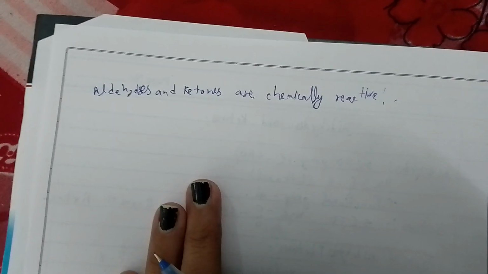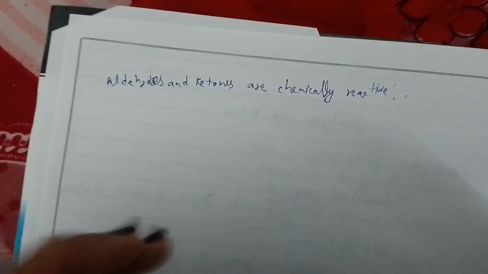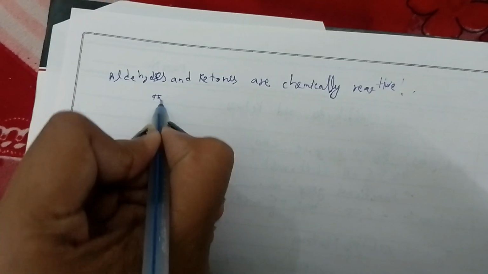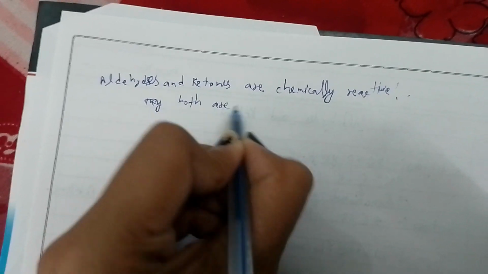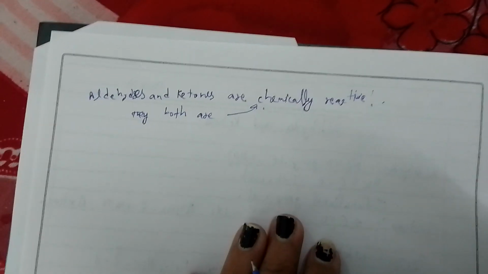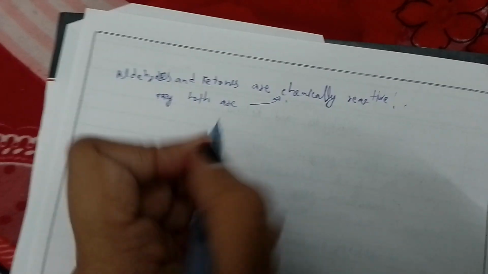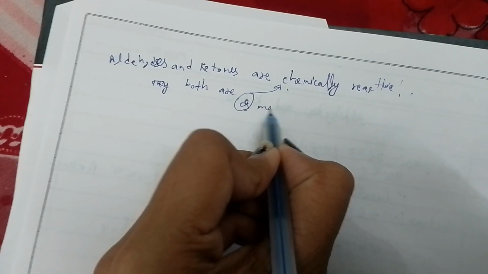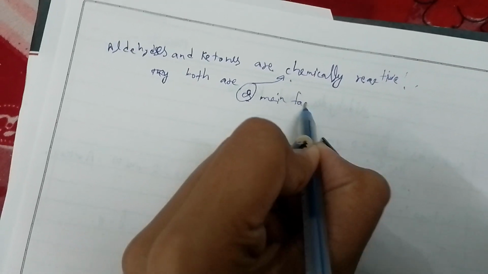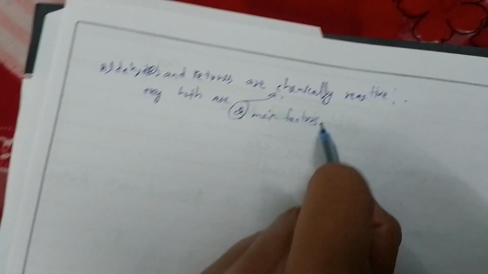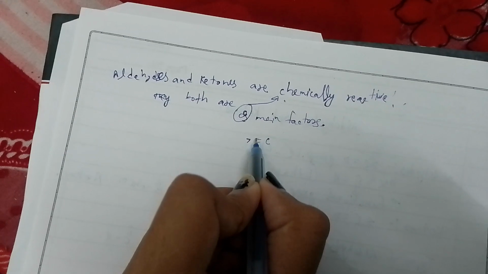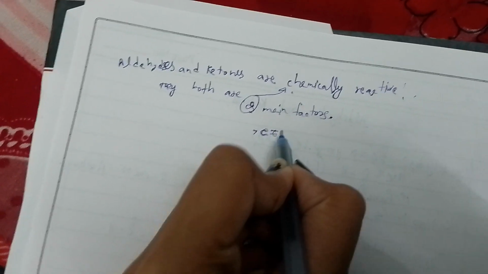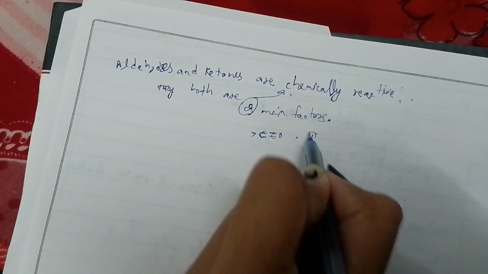So here we will see that they are both chemically reactive because of two main factors. The first factor is that C=O contains the reactive pi bond.